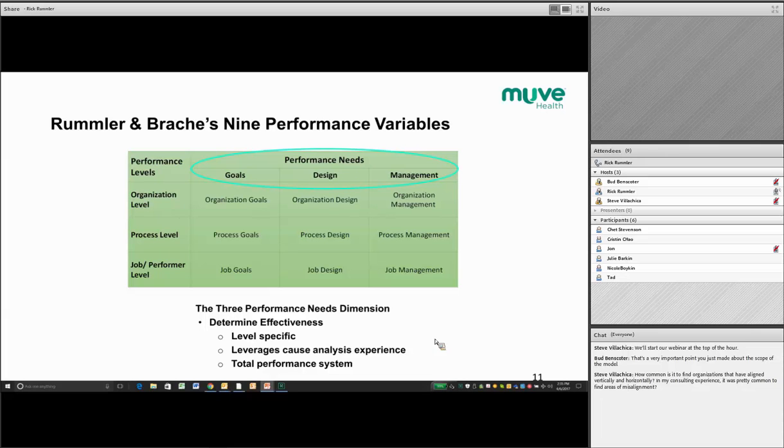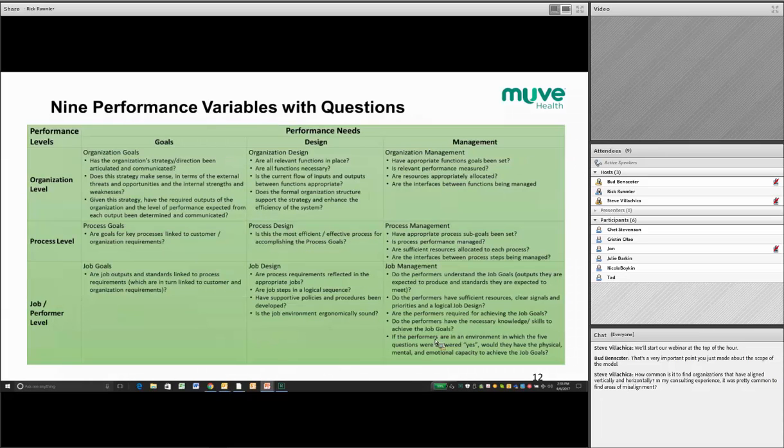And then, speaking of questions, the full version of the model that appears in Improving Performance has a series of questions that can be asked in each one of the cells. I won't go through them all here, but the idea is there is a natural questioning sequence. And so using this to ask questions about levels that you might not necessarily see as part of your scope or as part of the need, it can be a matter of simply asking for permission to go ask a couple questions.